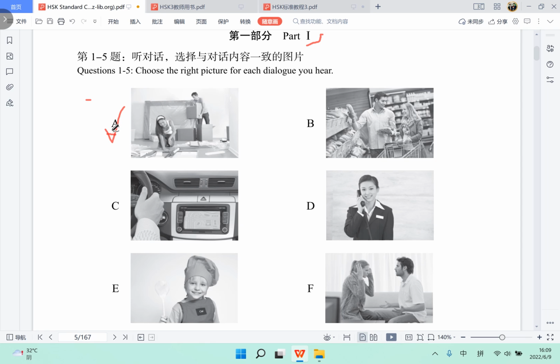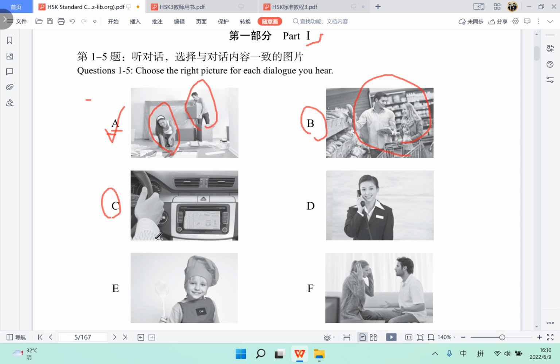Okay, for picture A, 两个人, 他们在家, they are at home and moving home, right? This is a new word we learn in this lesson: 搬家, 搬 means to move. You can write down 家 here. B, 两个人, two persons, 他们在超市, they're in the supermarket and going to buy something, so 买东西.